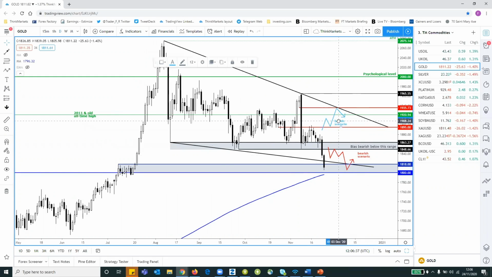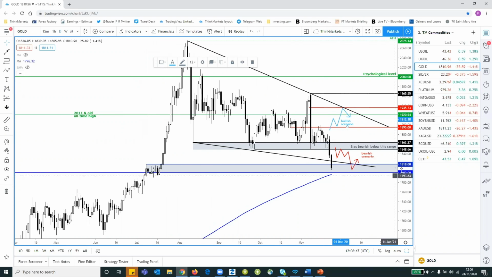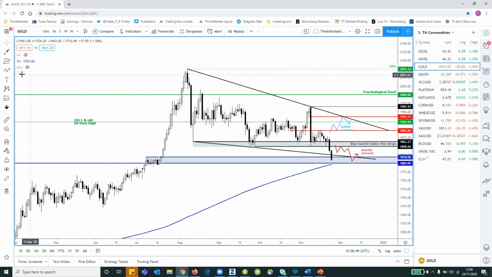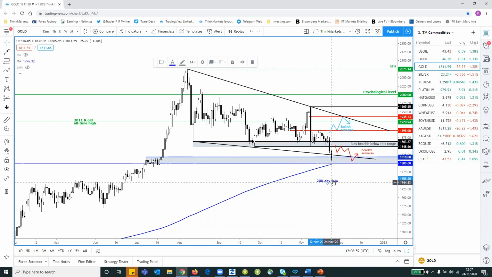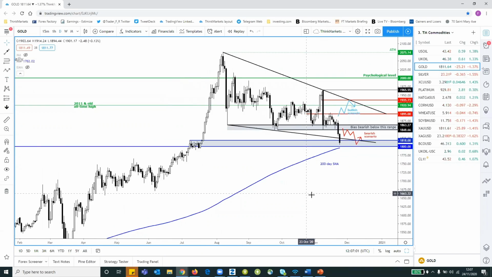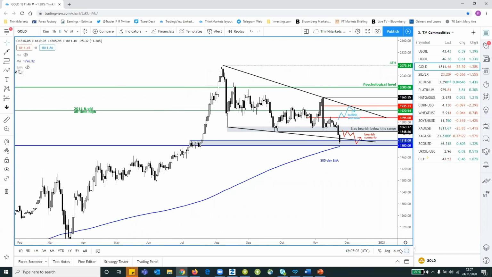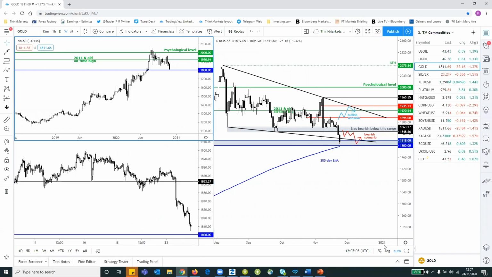And Victor was going to add something here, weren't you, Victor? Yeah, the only level that remains intact is pretty much the 200-day moving average, which is around 1800, and if we go below that, we could see quite a move as well.